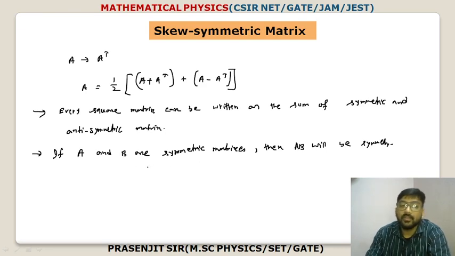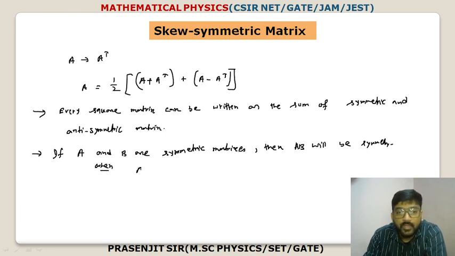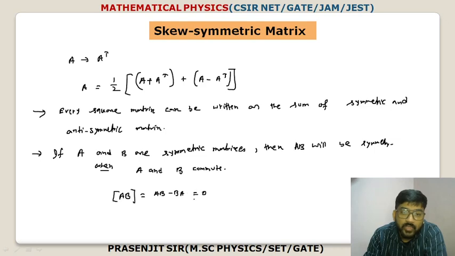When A and B commute each other, and I have told earlier what the commutation relation is. So AB is symmetric if and only if A and B commute, and you know the commutation relation of A and B is nothing but AB minus BA, and if this is 0, that means A and B commute each other.